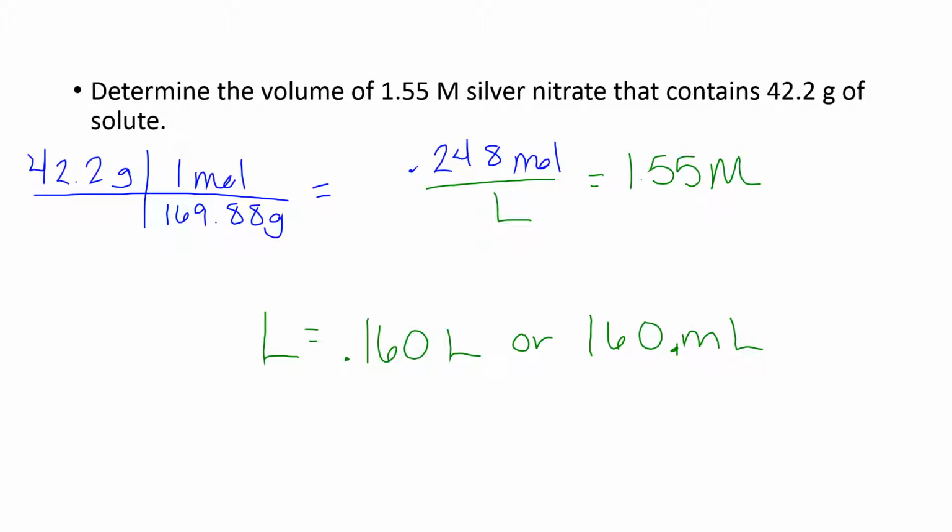Determine the volume of 1.55 molar silver nitrate that contains 42.2 grams of solute. Remember, we cannot plug grams into a molarity equation, so we need to find moles first. So we have 42.2 grams of the silver nitrate.